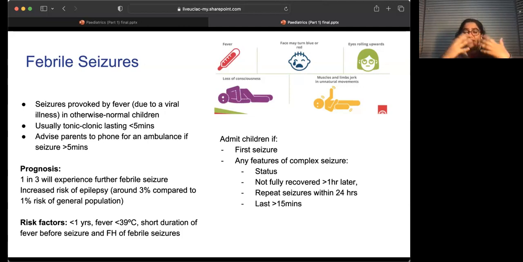The risk of it turning into epilepsy: the general background risk is about 1% in the population. It's about 2.5 to 3% if you have experienced febrile seizures, and the risk increases with these three factors: if the person has been suffering with complex seizures, if they have a background of neurodevelopmental conditions, or if the seizure can lead to status epilepticus.